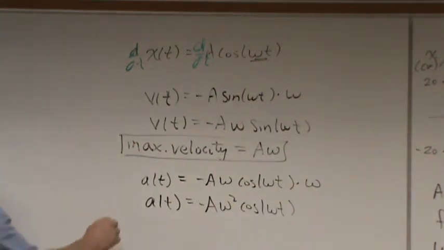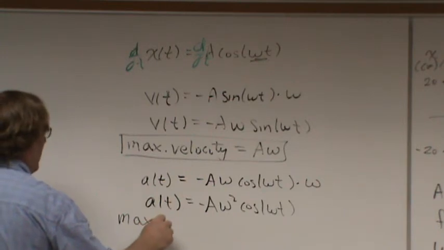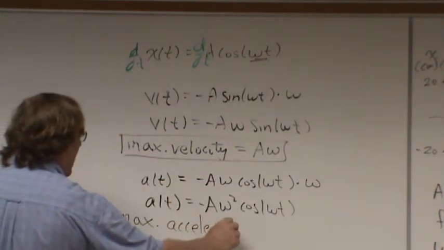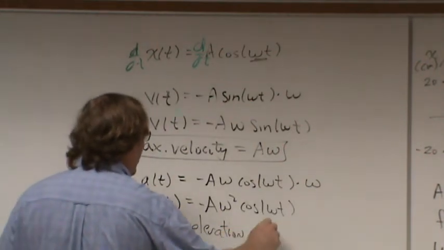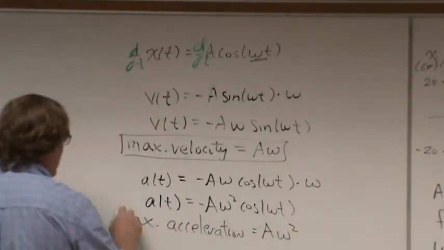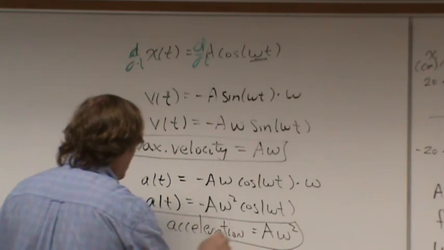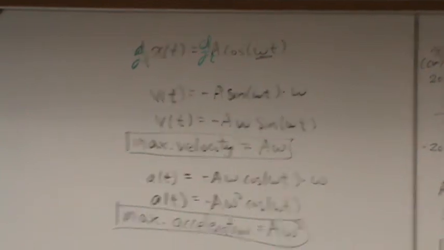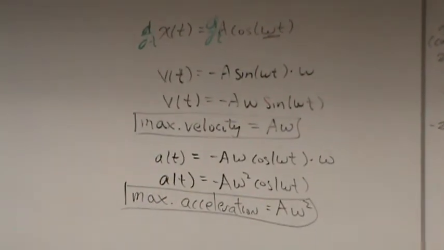And so I want you to see in there, again, the only thing that the book is going to care about is the maximum value. So my maximum acceleration ends up being a omega squared. So they might give you a problem where they tell you the maximum velocity and ask, what's the omega? And you'll just plug into that formula.